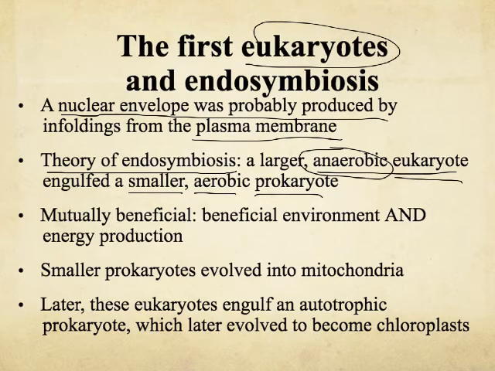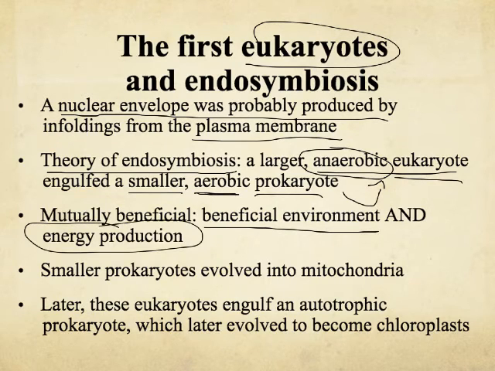So this would be mutually beneficial because the little aerobic prokaryote would live inside the big anaerobe and have a beneficial environment, and the bigger one will be taking energy from the smaller one because the smaller one can do cellular respiration and make ATP. And we think eventually, over millions and millions of years, this small prokaryote eventually evolved into the mitochondria.